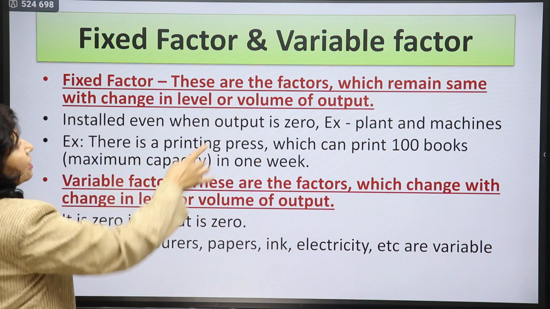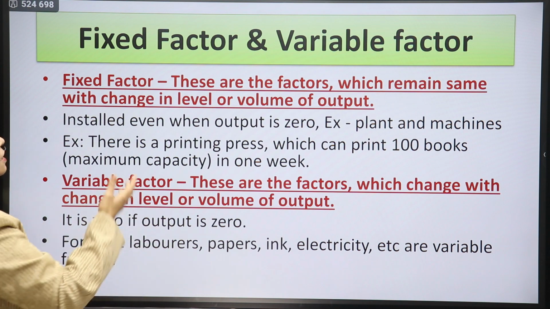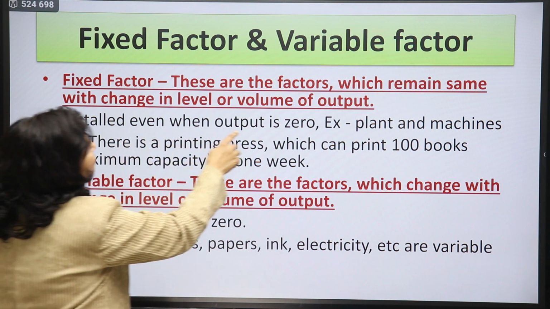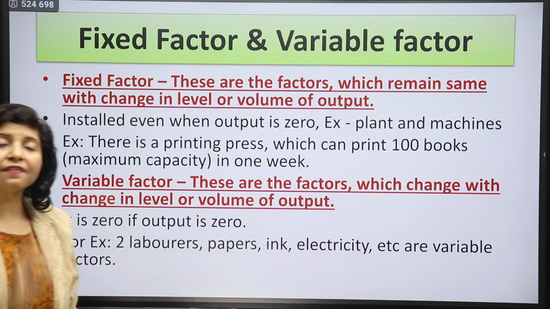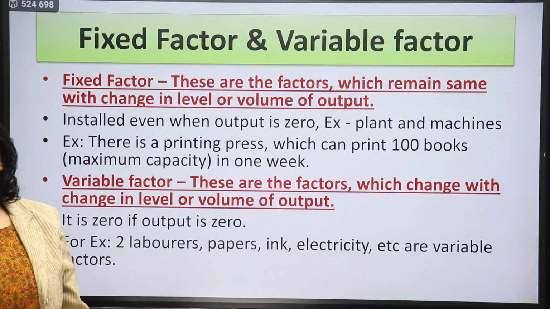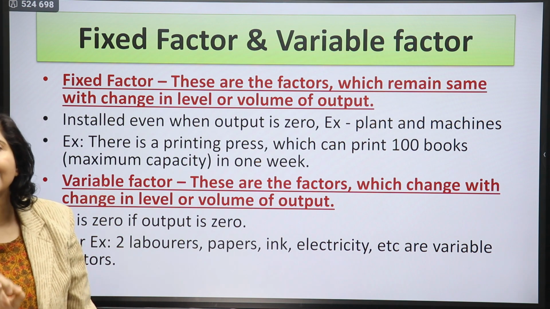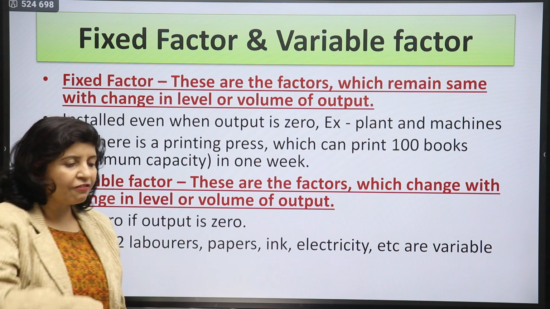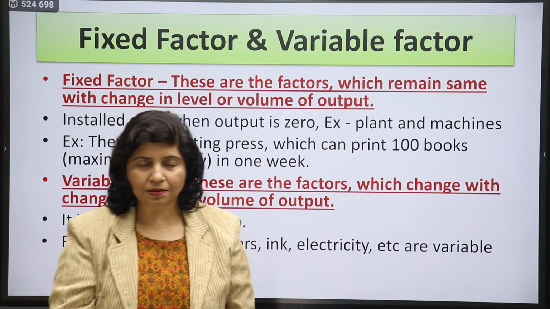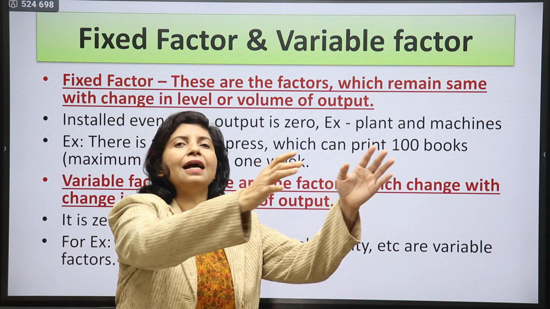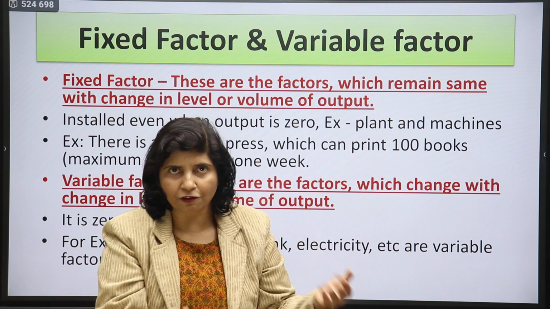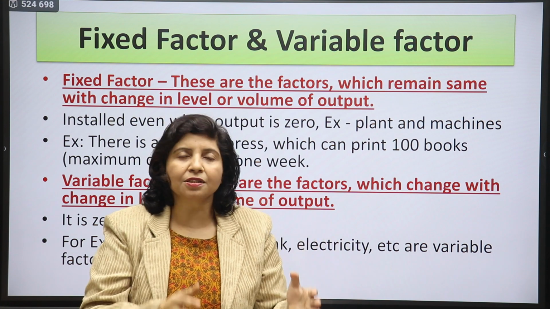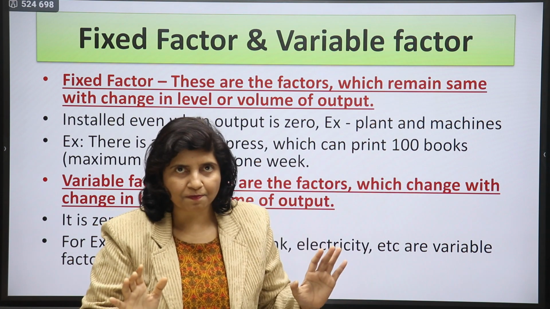That's why these factors remain fixed with change in output. Installed even when output is 0. These factors have to be installed even if we do not produce a single commodity in our factory. See, if we want to start any business, we will have to buy some building or rent some building for ourselves. Then we will buy some machines and install those machines in that plant. Okay.